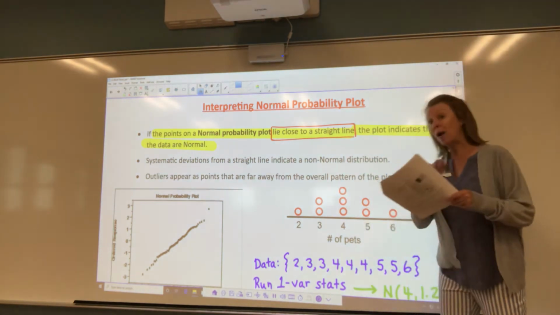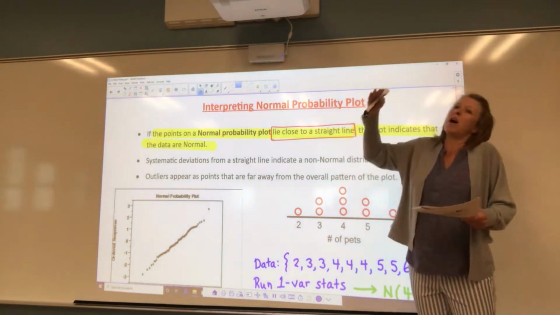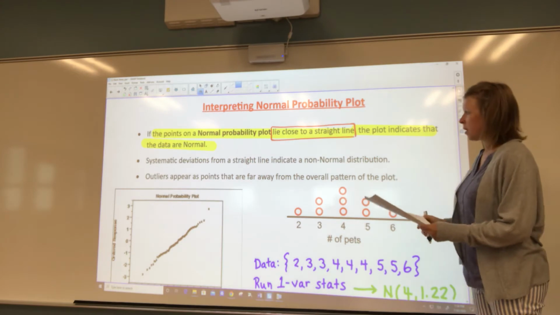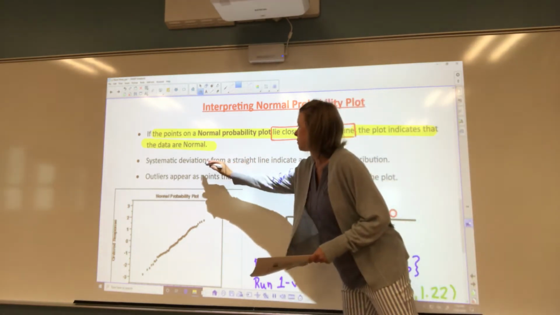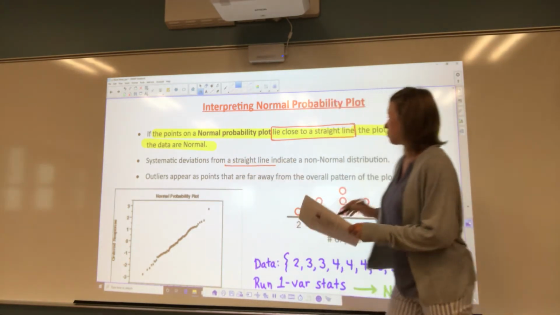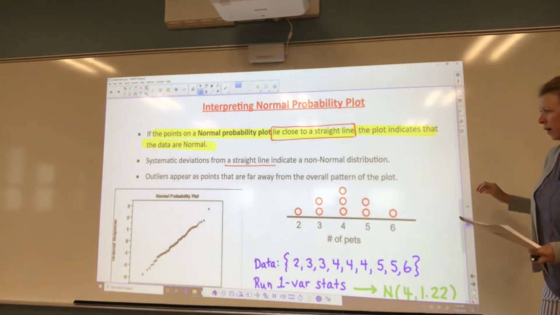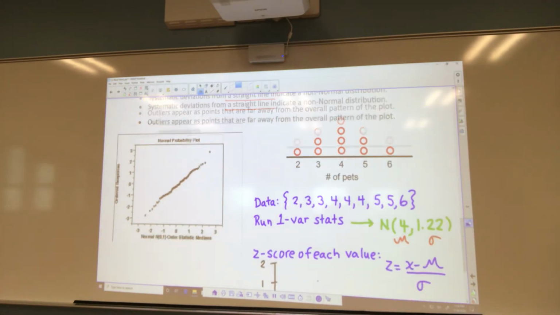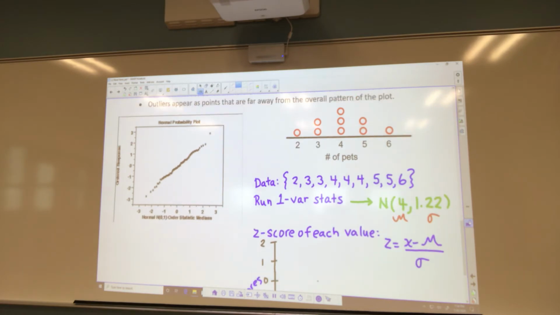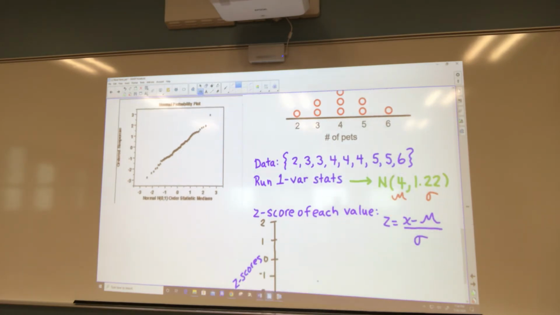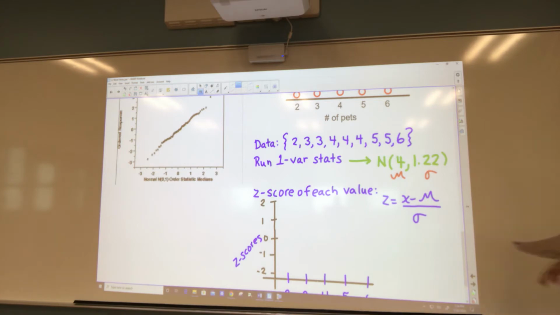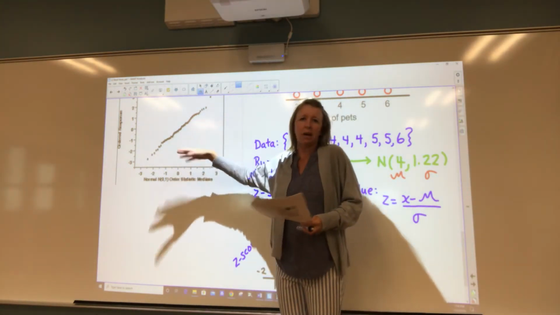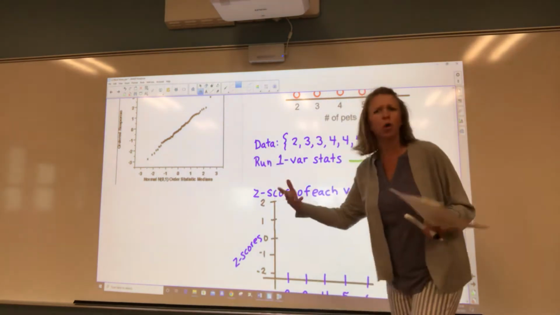They don't all have to be in an exact line, but there's not an evident curl happening. It needs to be without systematic deviations from basically a straight line. Let me scroll down here. We'll look at this example. There's a great normal probability plot pictured on the left, and you can see that this plot would indicate that the original set of data was in fact approximately normal.